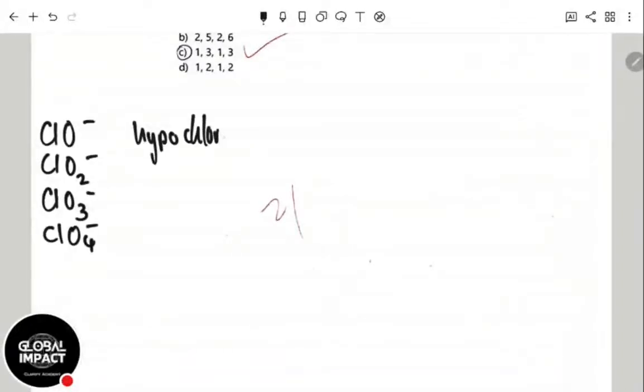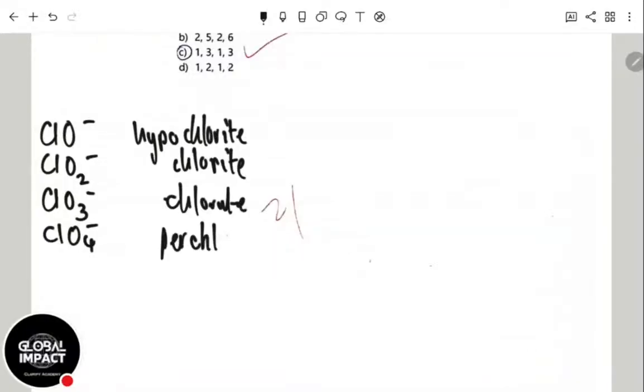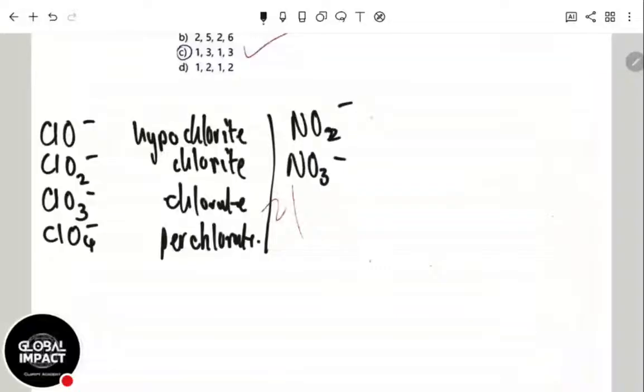Here this is a hypochlorite. This is going to be a chlorite. This is going to be a chlorate. This is going to be a perchlorate. Then we now go to nitrogen. We have NO2 minus and NO3 minus. This is going to be nitrite and this is going to be nitrate.